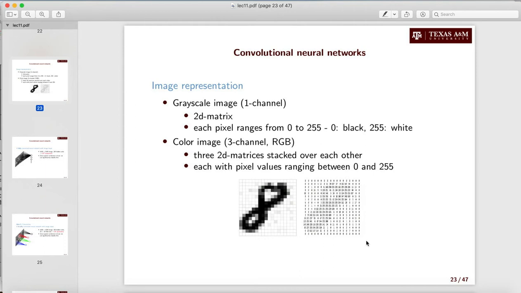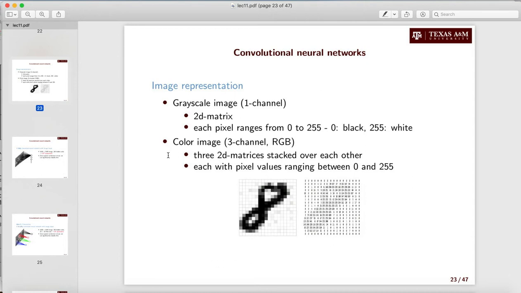The concept is the same, but in each channel we have the red, green, and blue colors that are represented within an image. So we have 3 matrices, each with pixels whose values range between 0 and 255.